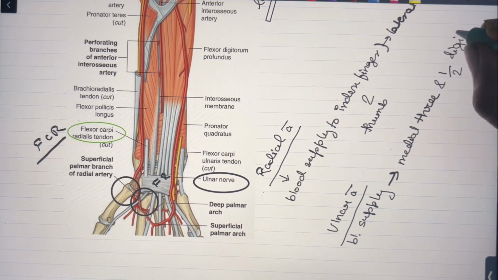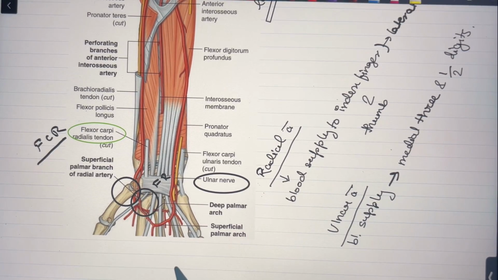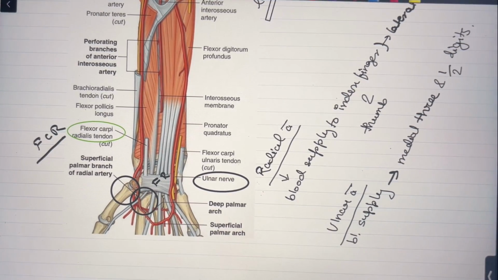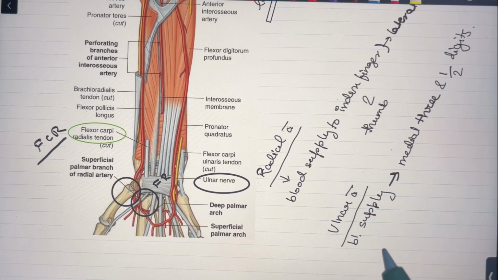Its branches are the ulnar recurrent artery with anterior and posterior branches, the common interosseous artery, and the small carpal arteries, that is the dorsal carpal and the palmar carpal.